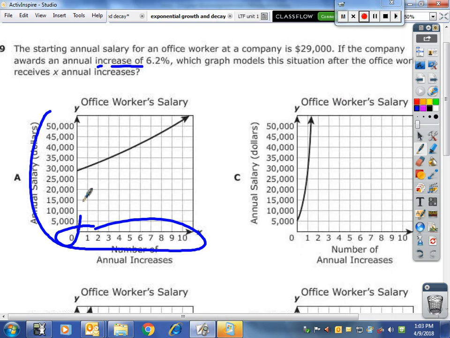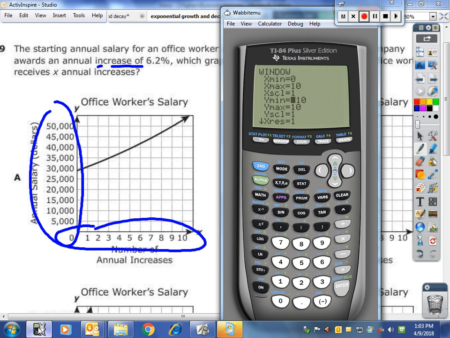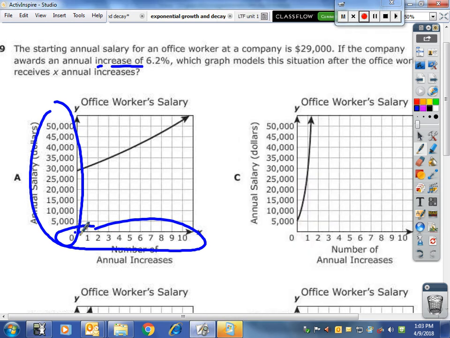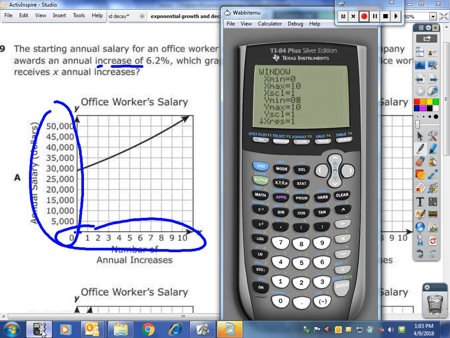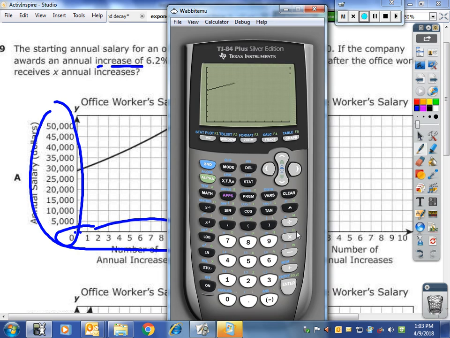Look at the y values. What should they go to and from? They should start at 0, the lowest y value showing here. And they should go up to 50,000. Now, scale. What do I want to count by? By 5,000. And then I should get a pretty decent picture.